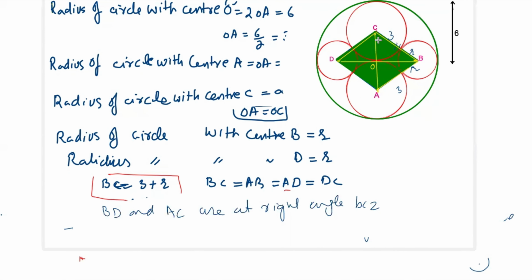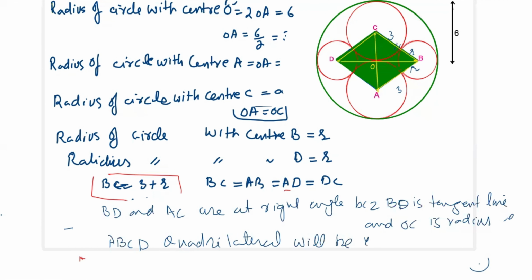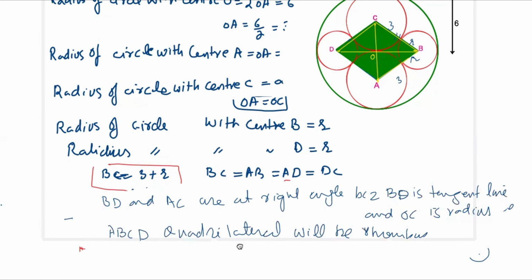Therefore, the radius and tangent are perpendicular to each other. BD is a tangent line and OC is a radius. Therefore, ABCD will be a rhombus. We name ABCD a rhombus because all sides are equal and the diagonals are perpendicular to each other.